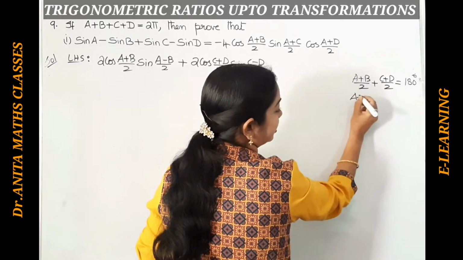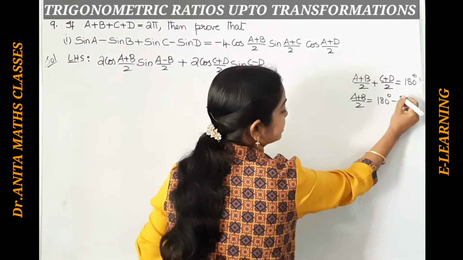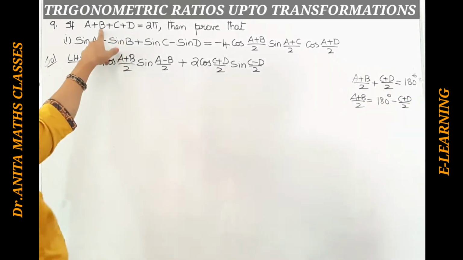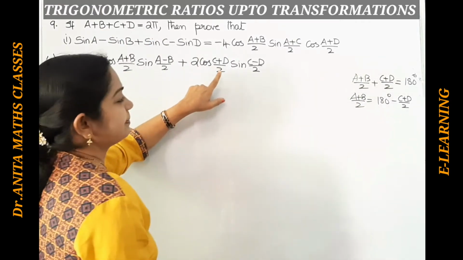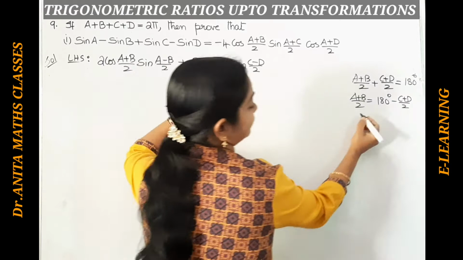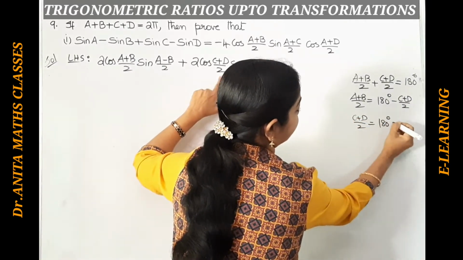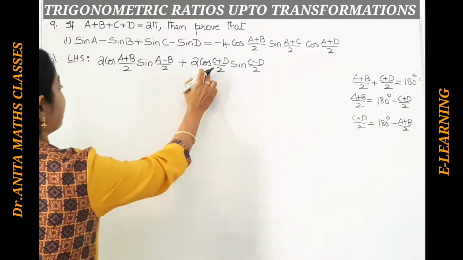So A plus B by 2 is equal to 180 minus C plus D by 2, isn't it? From the same given thing, we can draw this. So for cos C plus D by 2, if I want just C plus D by 2, it becomes 180 minus A plus B by 2. In a similar way, I will transform here.